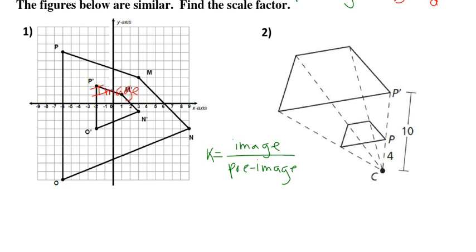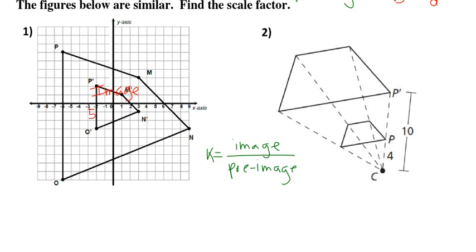And what we want now is a length from the image. Any length, but in this case the only length that I could find very easily is the side O prime P prime, because we can just count the units and we have 5 units. So it's 5.